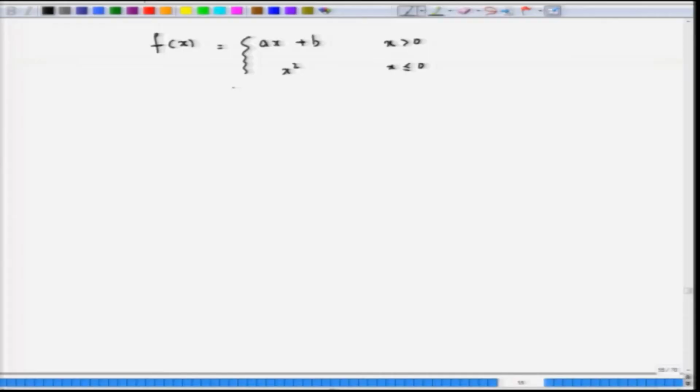Now, as you can see, if x is greater than 0, then this is a linear map, which is continuous, and for x less than or equal to 0, this is x square, which is again a continuous function. So, we are only interested at x equal to 0. Now, the limit as x goes to 0 plus of f of x is going to be b, and the limit as x goes to 0 minus of f of x is going to be equal to 0.